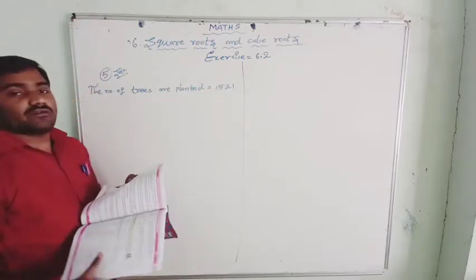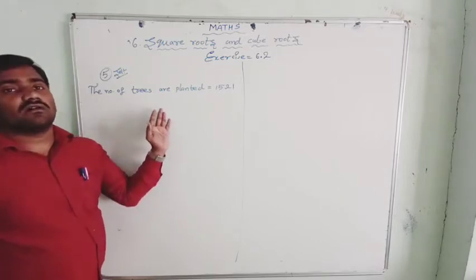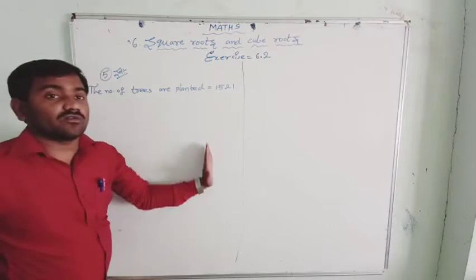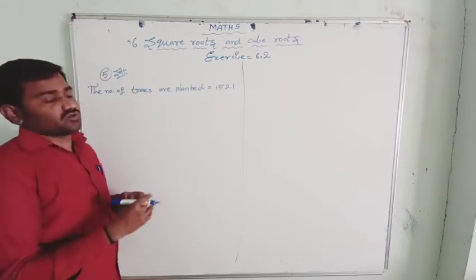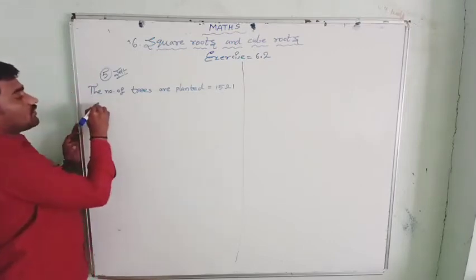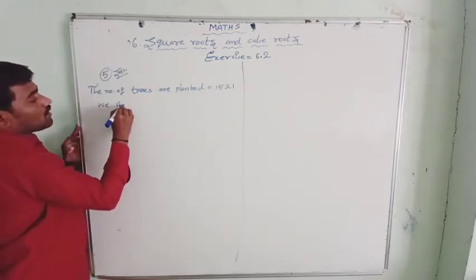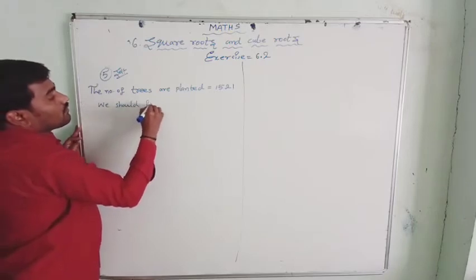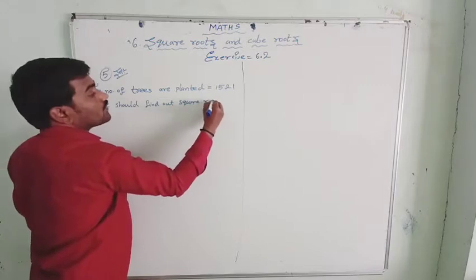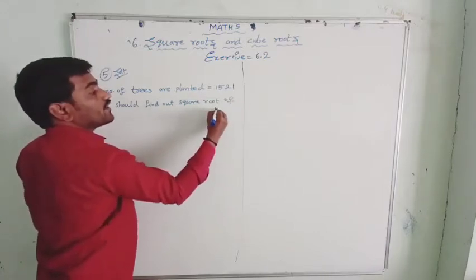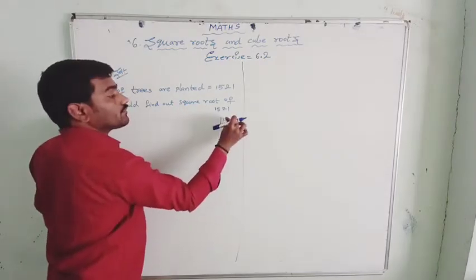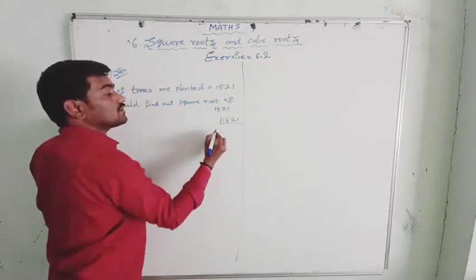So we have to find out the square root of 1521, so that we'll get how many rows there are and how many trees there are in each row. We should find the square root of 1521. Let's take this number 1521 and factorize.